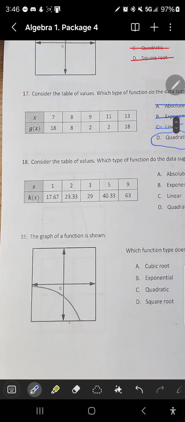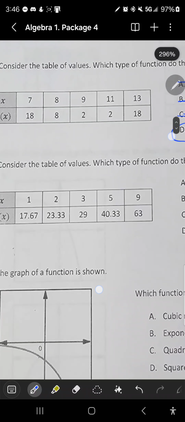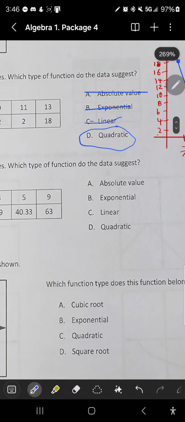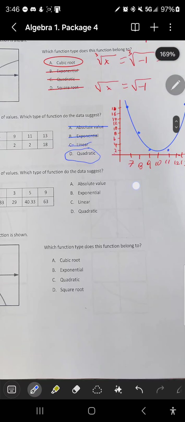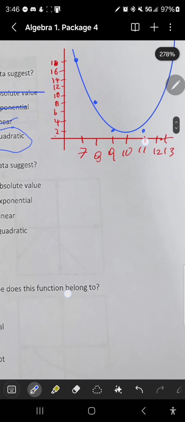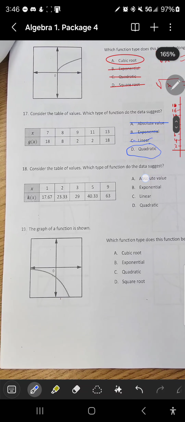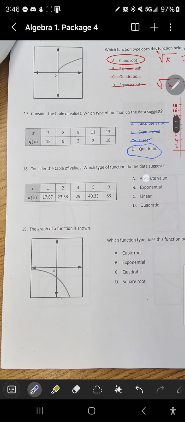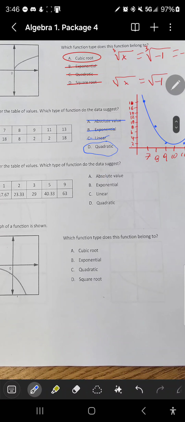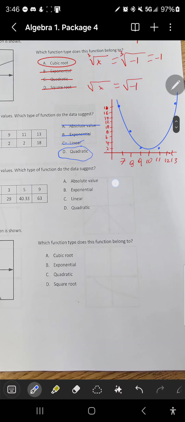So let's see this value. Okay, consider which type of function the data suggest. Let's plug in. It's a lot easier just plugging in. Yeah, it's just that the numbers are really big. So let's see.